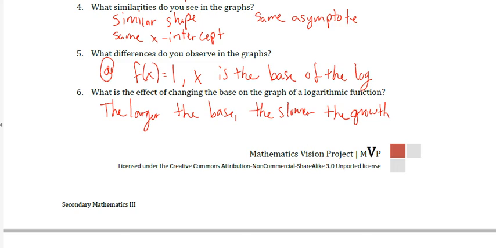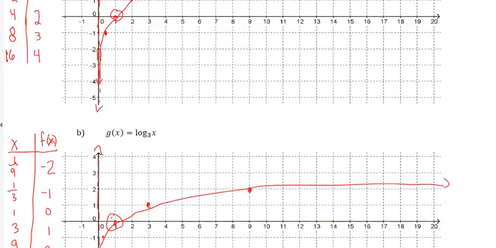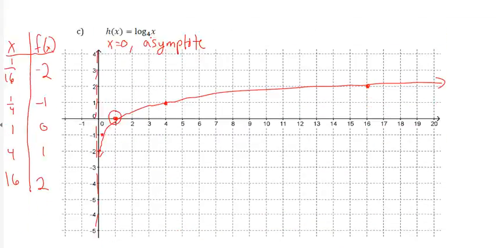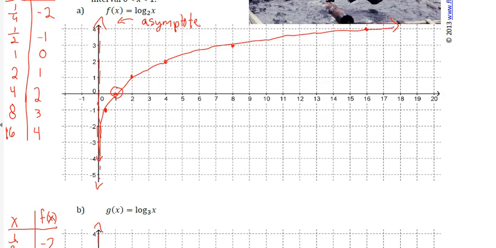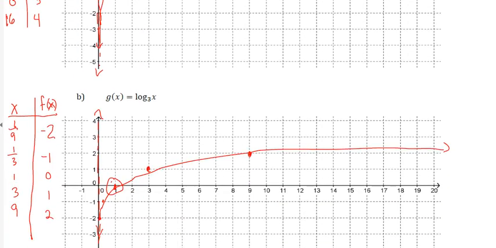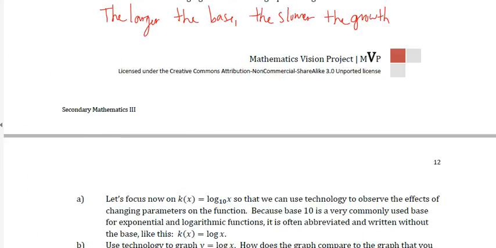That can be shown in these graphs here. If you notice, here's 2, 3, 4. See how it's getting closer and closer to the y-axis the bigger that base gets? So it's growing more slowly.